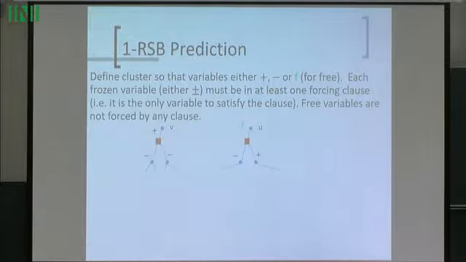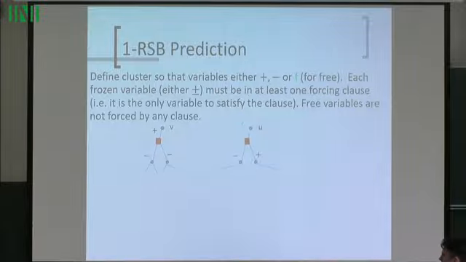Okay, and so the rule will be that for a variable that's frozen to either plus or minus, there has to be some clause that forces it to take that value. So here the vertex v is a plus, and it's forced to be a plus because within this clause there are 2 minuses, and none of the edges are negated. So if it wasn't a plus, then the clause would be violated.